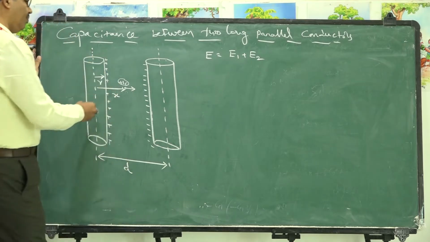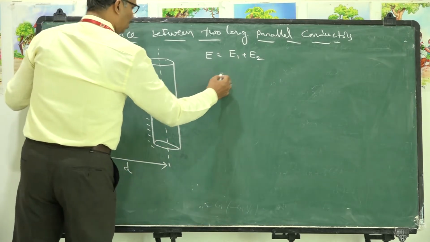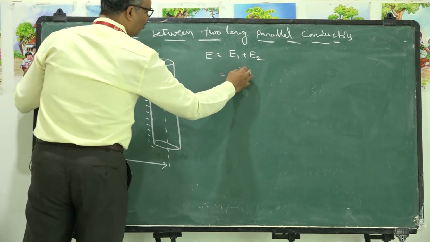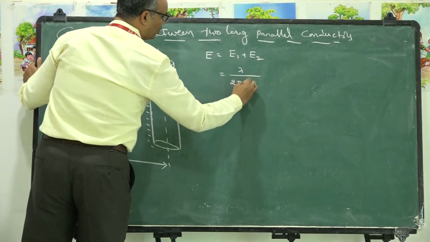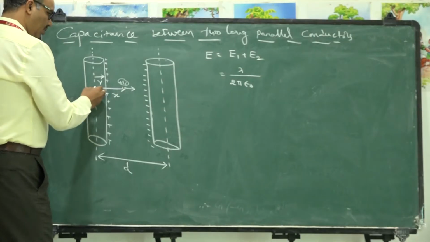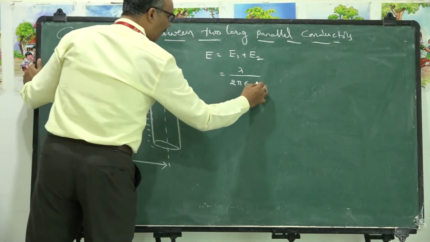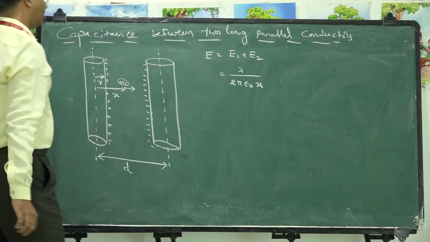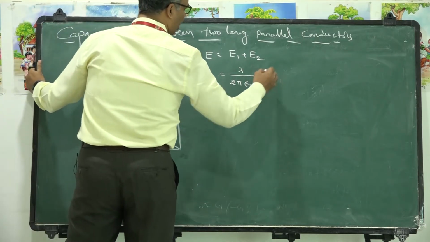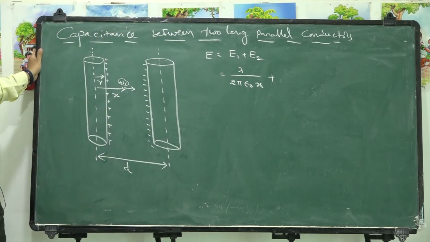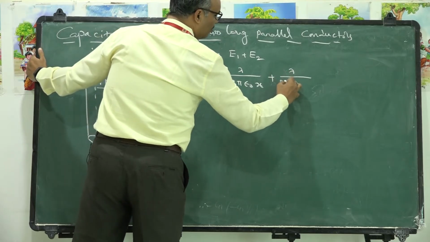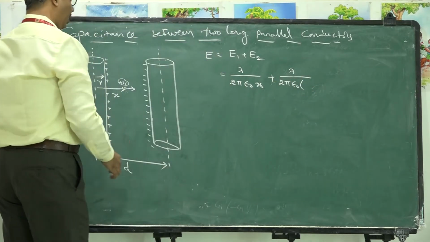You know that at a point nearer a conductor, the electric field is given by lambda by 2 pi epsilon naught r. R means here the distance is x. Similarly, electric field due to the other conductor is given by lambda by 2 pi epsilon naught into d minus x.